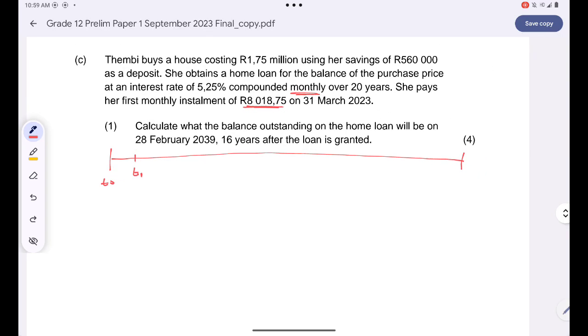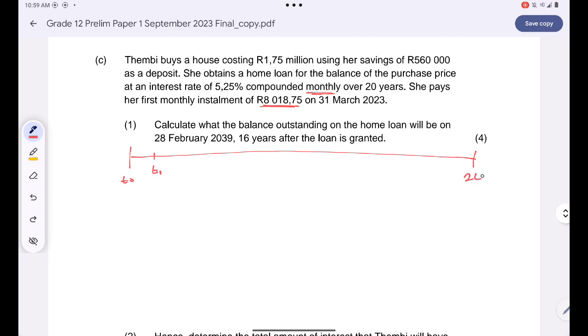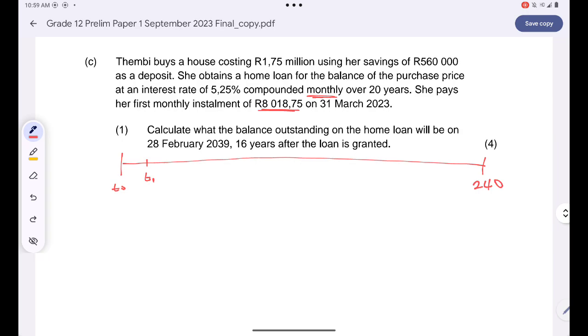So, 20 years have 240 months. They are telling us to calculate the outstanding loan balance after she paid for 16 years. That means she would have paid for 192 months.